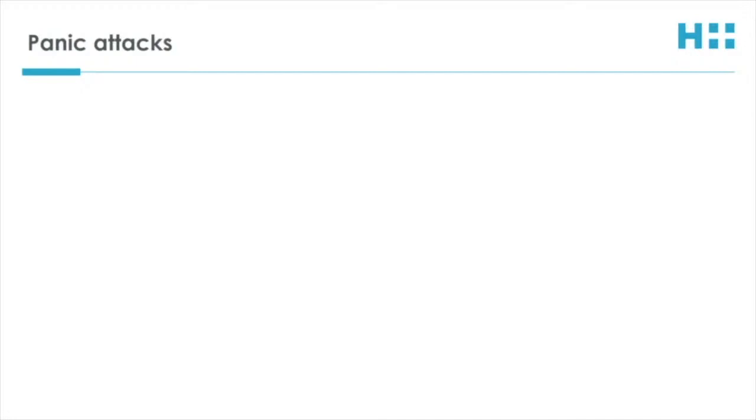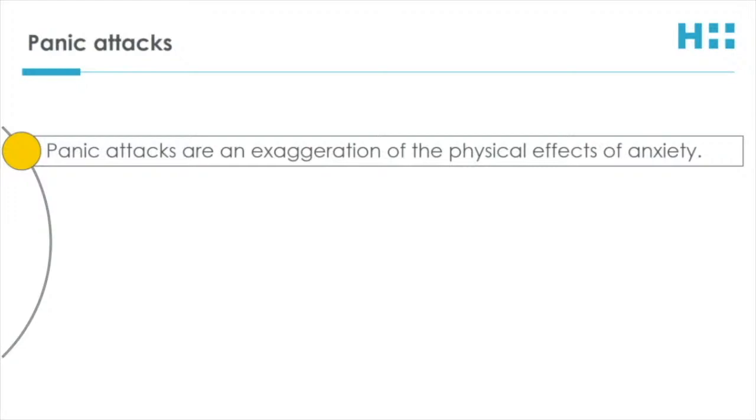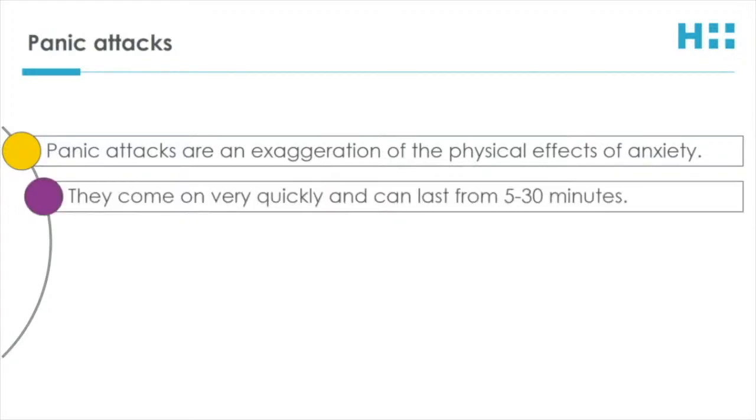So this all happens really quickly, and it actually stops happening just as quickly as it started. But what happens if this reaction doesn't stop? That's called a panic attack. Panic attacks are an exaggeration of the physical effects of anxiety. They come on really quickly, and they can last from 5 to 30 minutes.